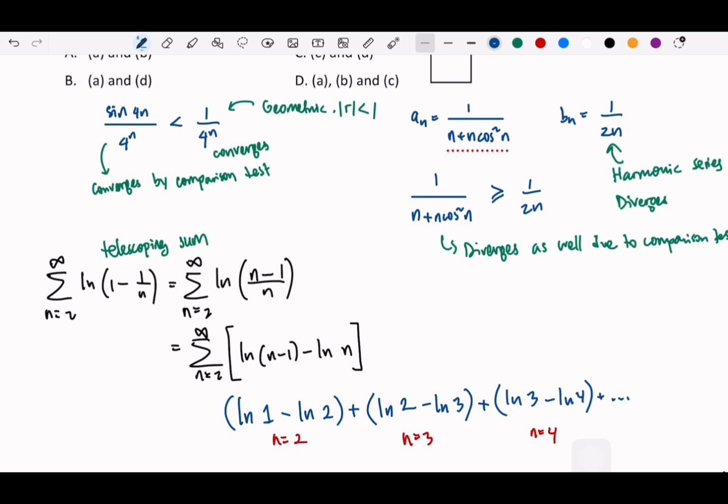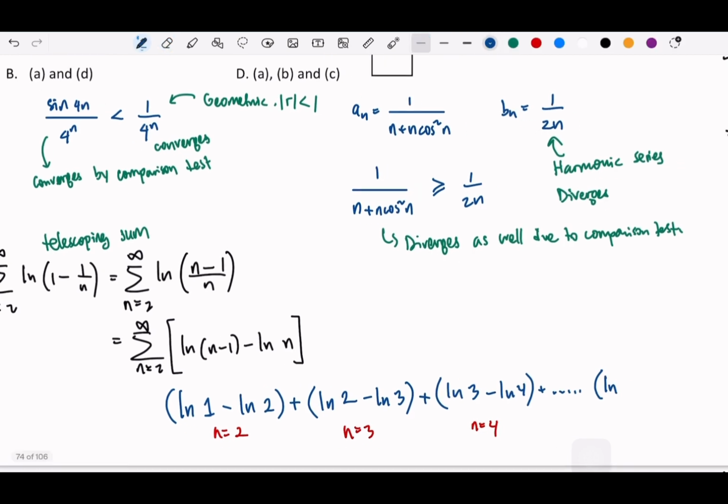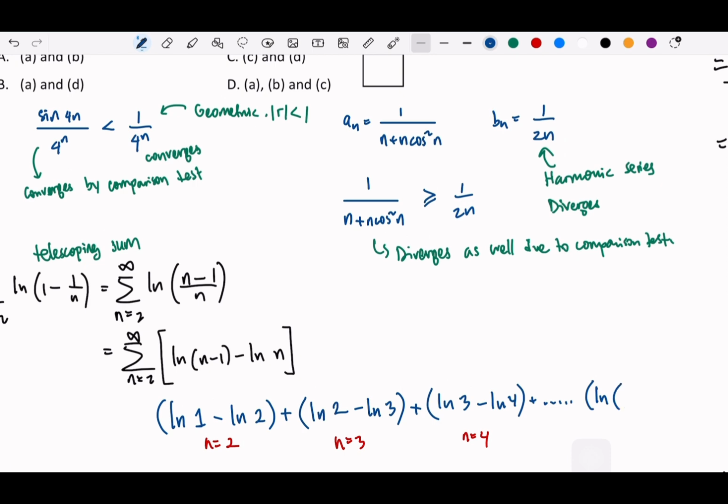You will see that we are going to have this until we get something that is ln of n minus 1 minus ln n, at some n.